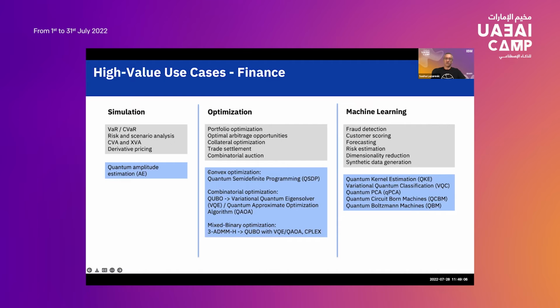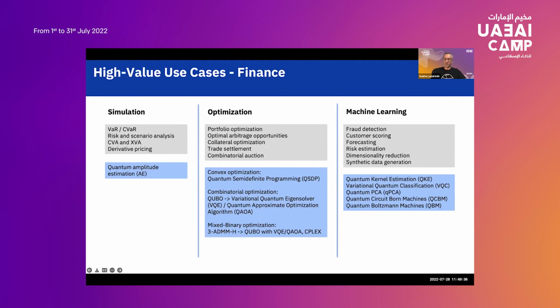These optimization problems can be either convex or combinatorial. So in case of convex, use one category of algorithms. In case of combinatorial, this is QUBO, quantum unconstrained binary optimization, where you will eventually implement variational quantum eigensolvers.